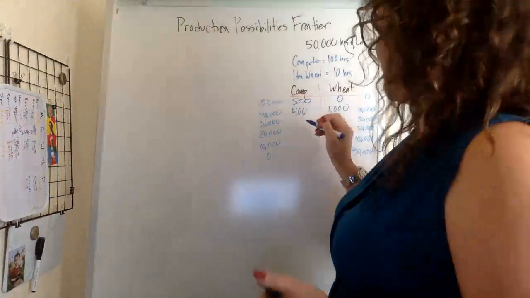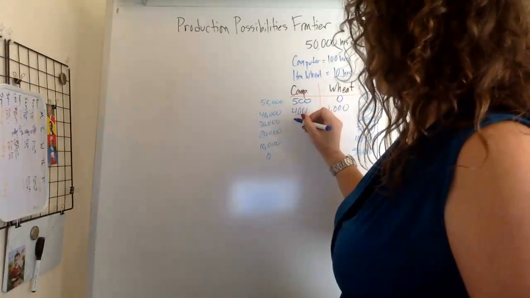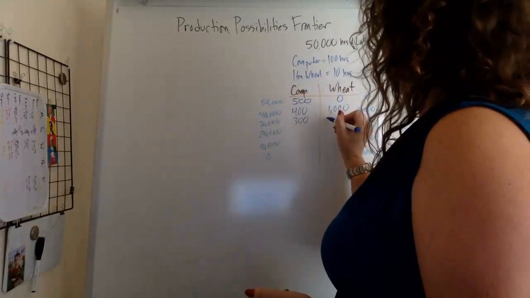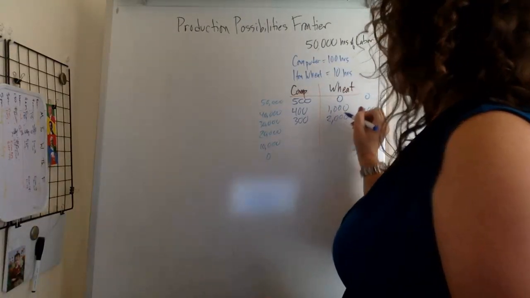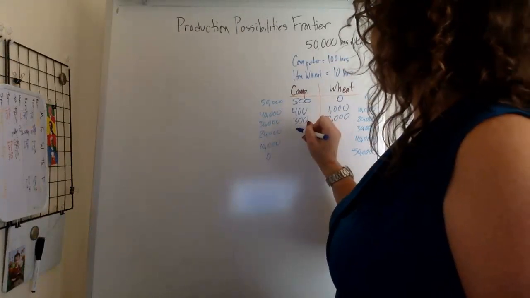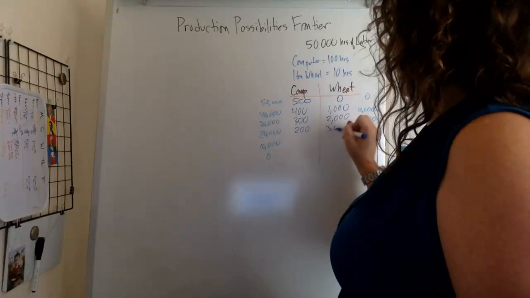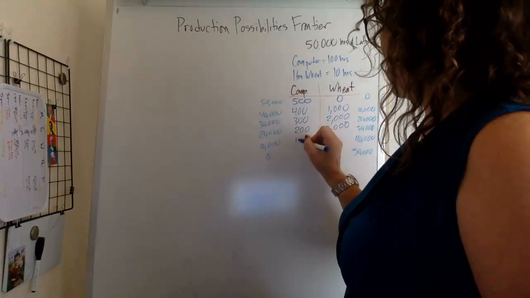In 30,000 hours, we can produce 300 computers, and in 20,000 hours, we can produce 2,000 tons of wheat. In 20,000 hours, we can produce 200 computers, and in 30,000 hours, 3,000 tons of wheat, and so on.